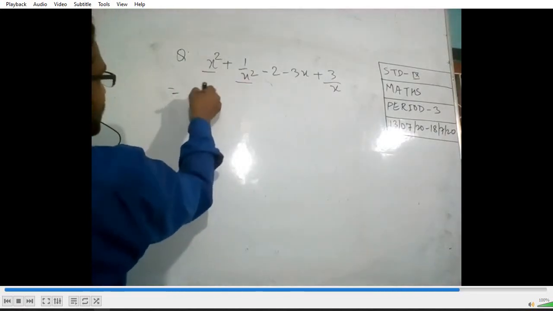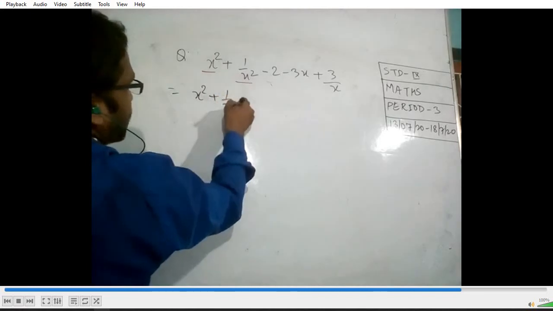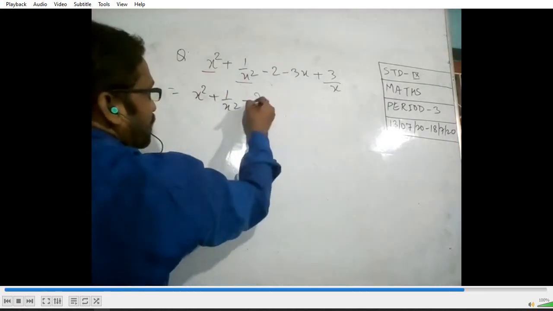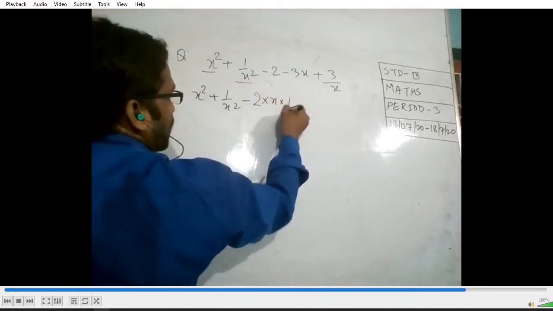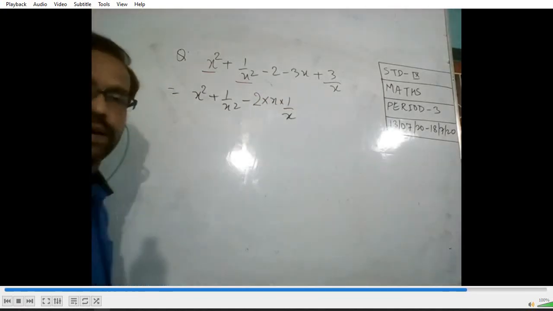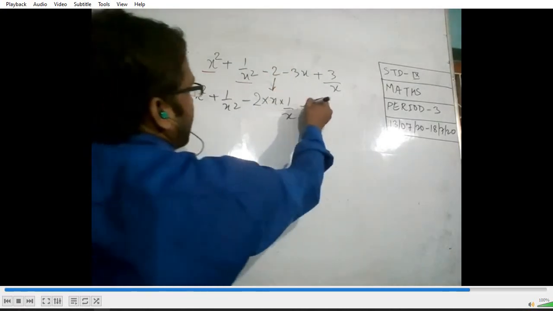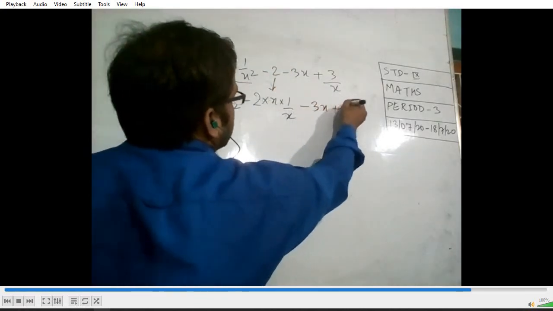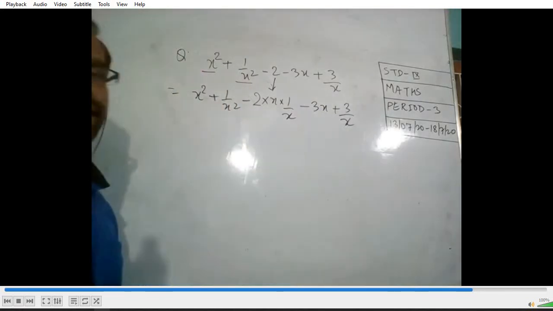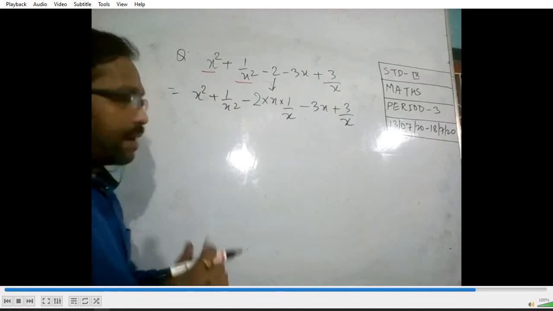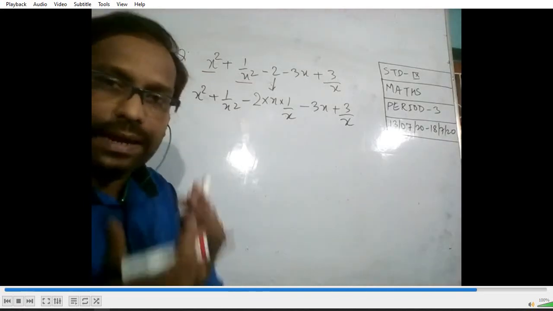That means this can be written as x square plus 1 by x square minus 2 into x into 1 by x, yes? If this can be written like this also, then minus 2. I changed the thing, no? Not a problem. I have arranged it in a way so that I can get my answer.